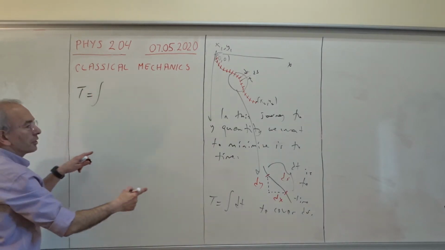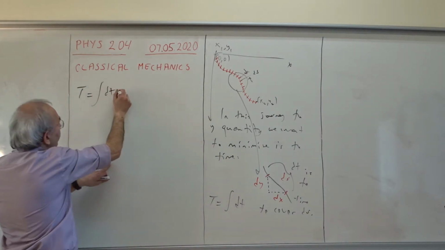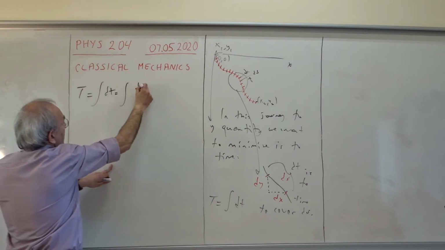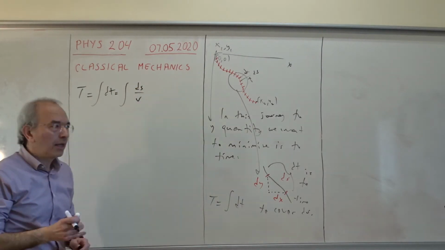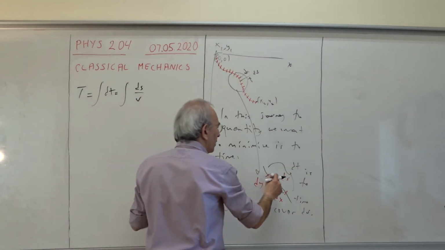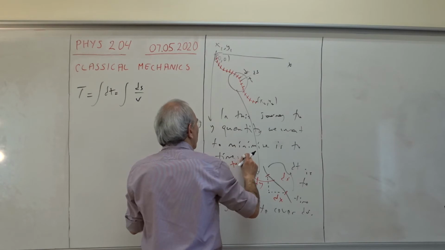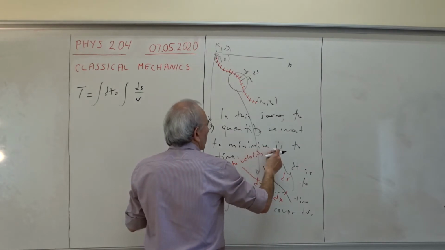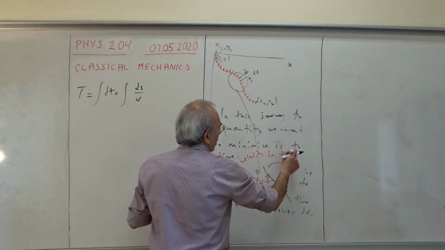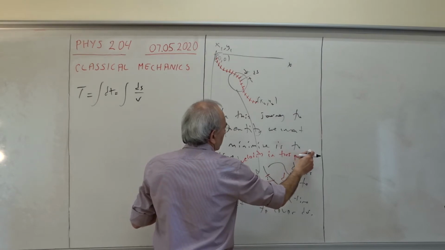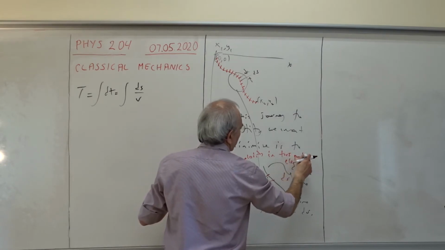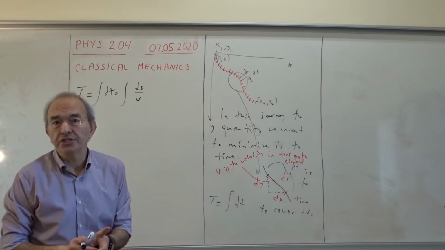It is simply integral dt, but that dt is again ds over v. v is the velocity in this path element. Of course, v will change.